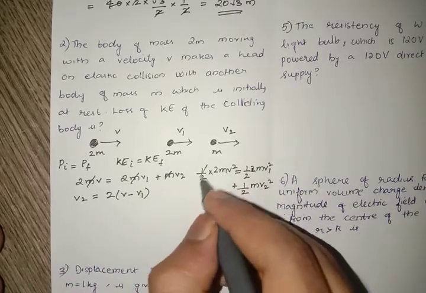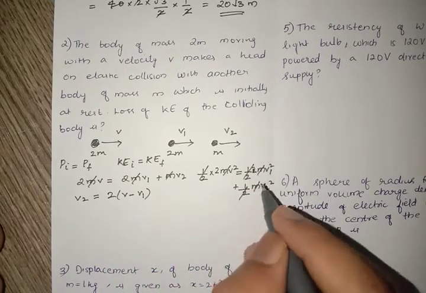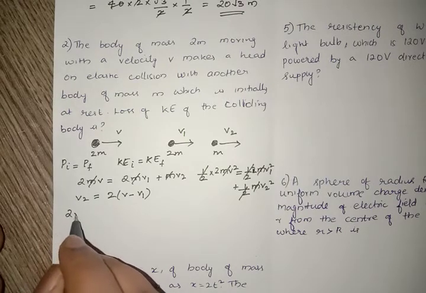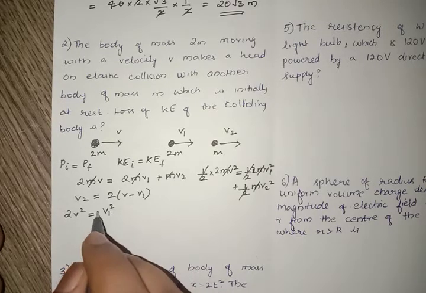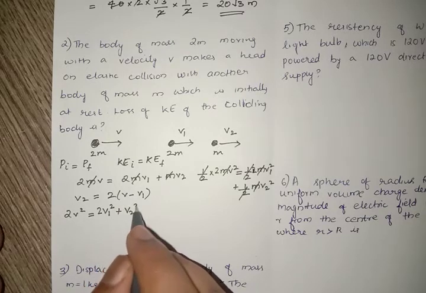From here we can cancel half m, so we get 2v squared is equal to 2v1 squared plus v2 squared.